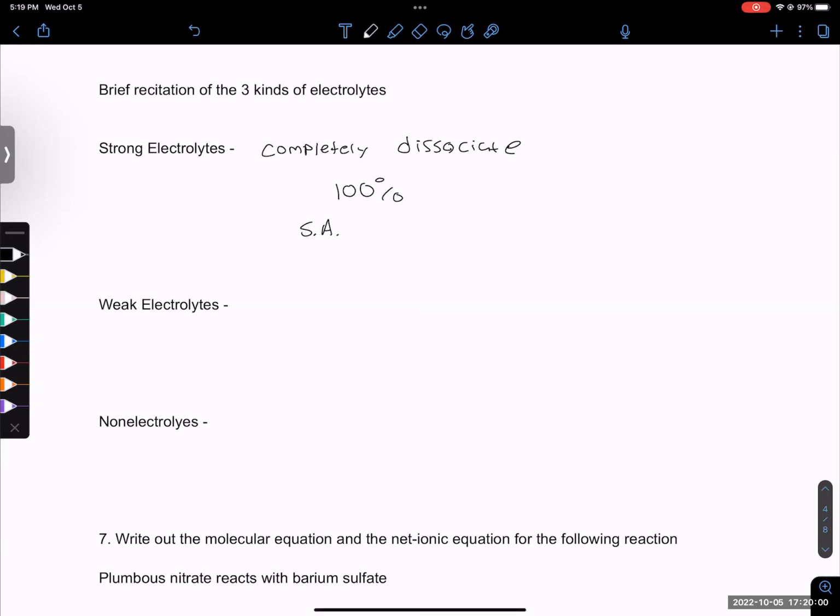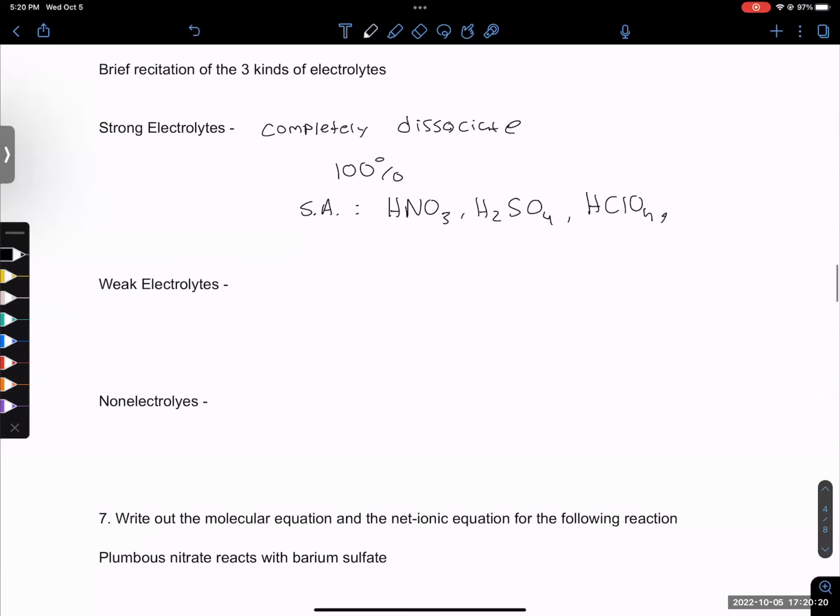Strong acids, I'm going to abbreviate SA. What are the strong acids? HNO3, H2SO4, HClO4, and then your halides, except for hydrofluoric acid, so HCl, HBr, and HI.